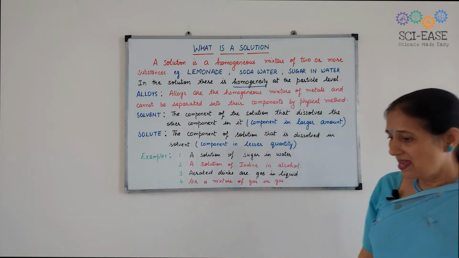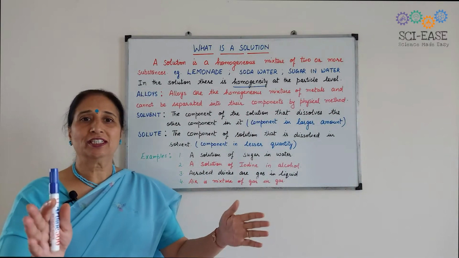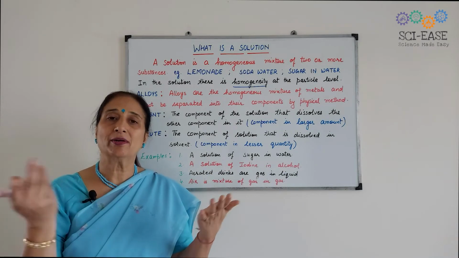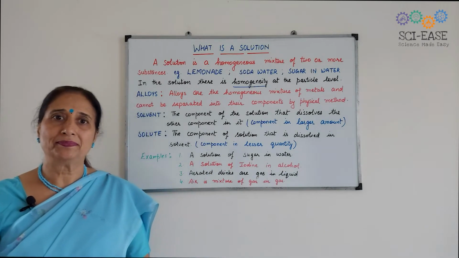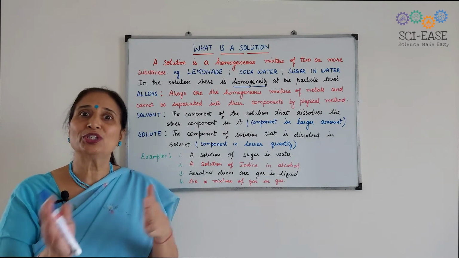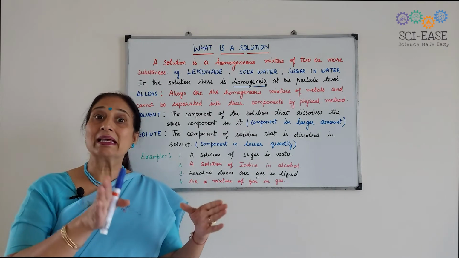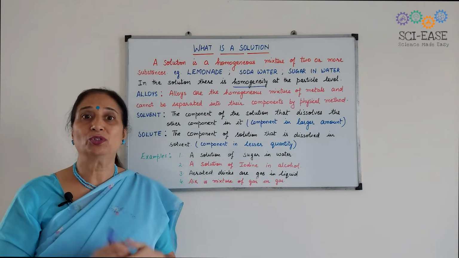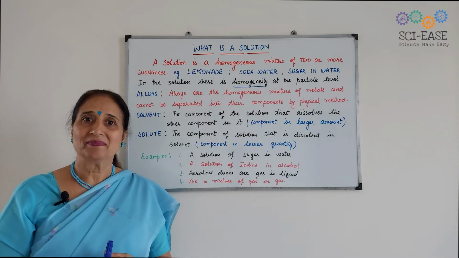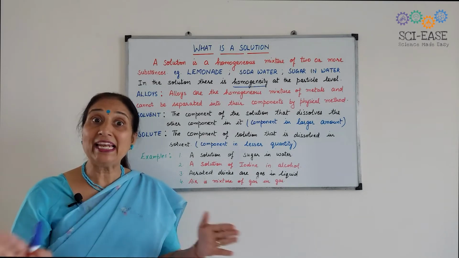Okay. Now, I have told you what a solution is. Sugar in water is the simplest example. Now, I will tell you how a solution is made. Two or more substances are mixed together, and they result in the formation of a mixture in any ratio.